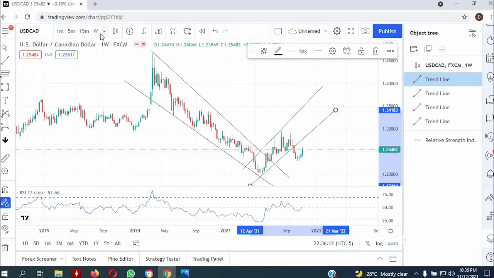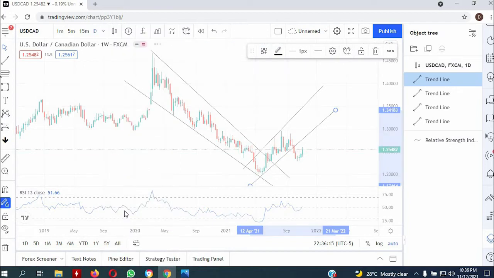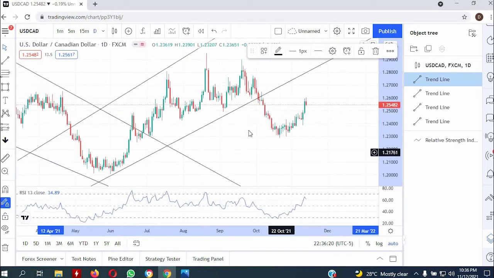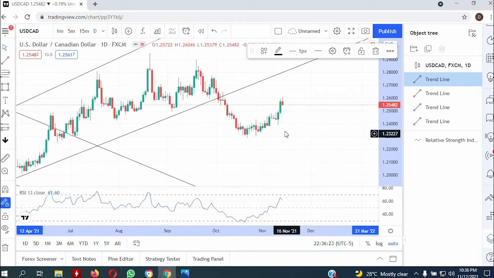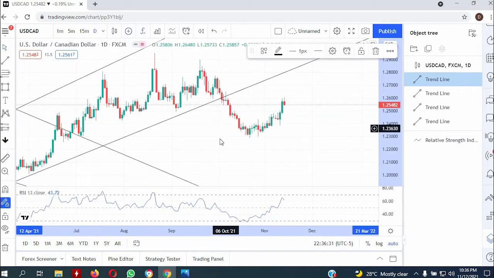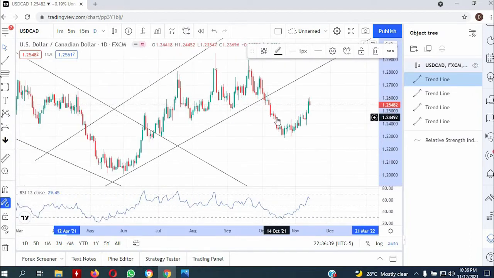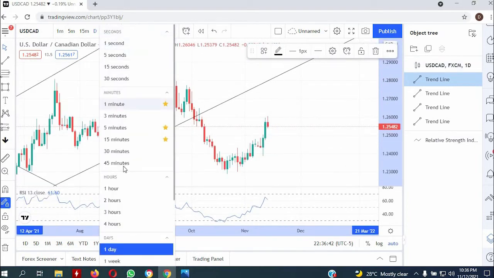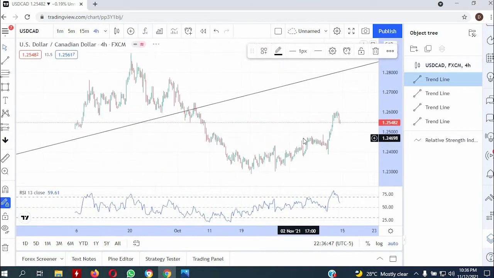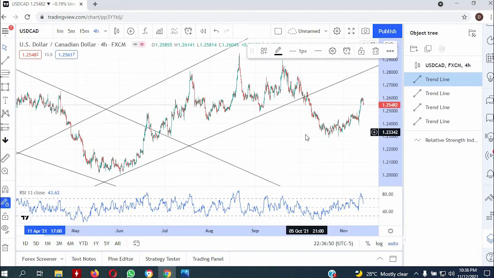So go down to the daily time frame and see what's going on down there. Yeah, so on the daily time frame, it was in an uptrend and it broke out of the uptrend, and it's actually trying to break back into that uptrend. Right, so go down to the 4-hour. Right, just as expected.